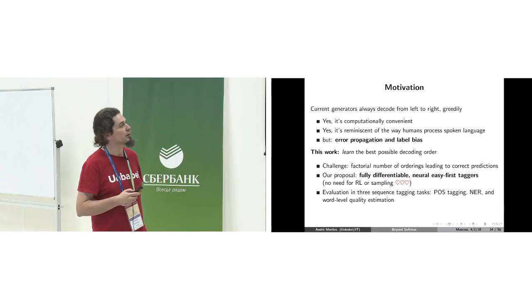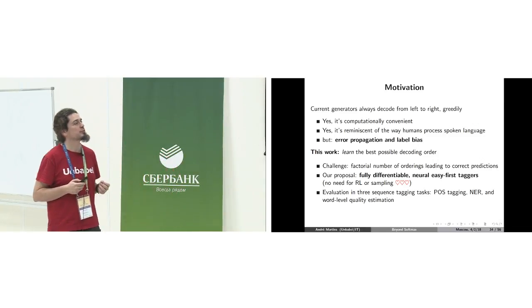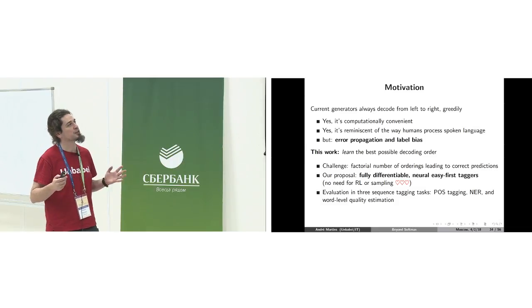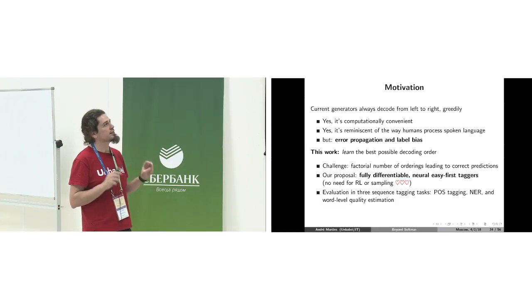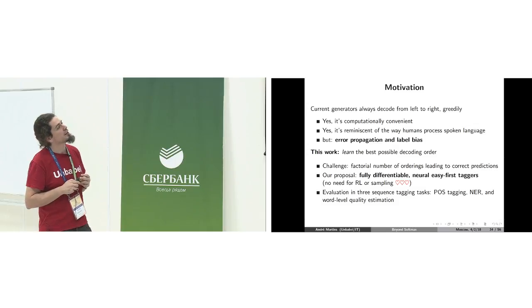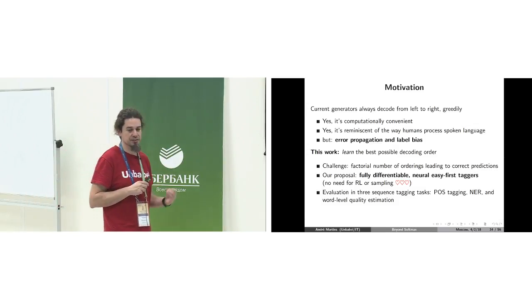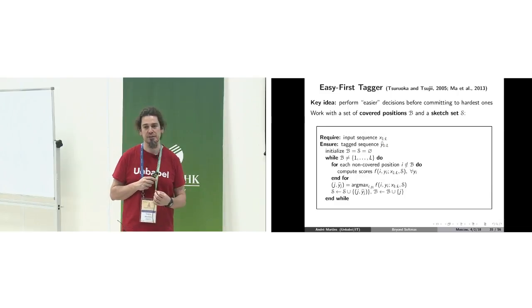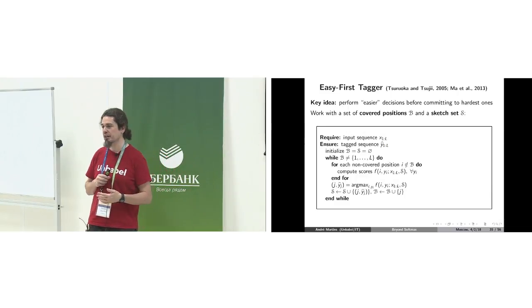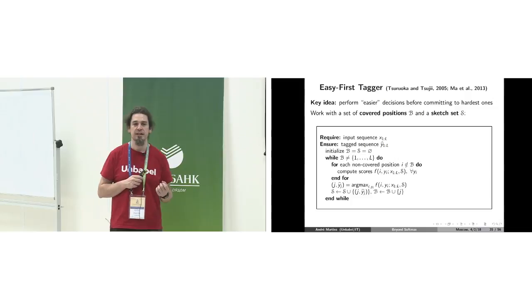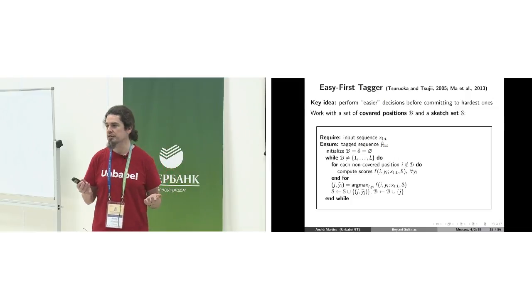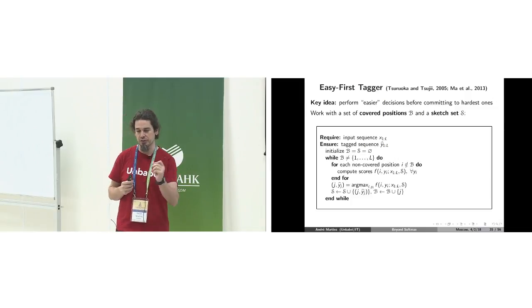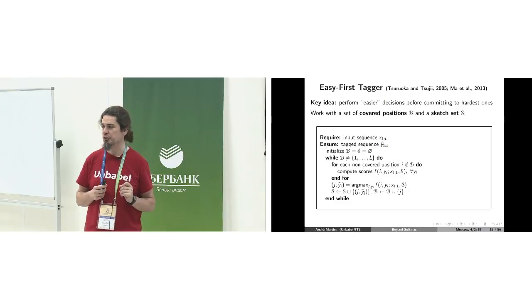So before going into our algorithm, let me just give a sketch of what the easy first tagger does. The key idea is that we try to perform easier decisions before committing to the hardest ones. For example, if you're doing part-of-speech tagging, maybe you can find words that are not ambiguous, or for which you are very confident about what the part-of-speech tag should be.